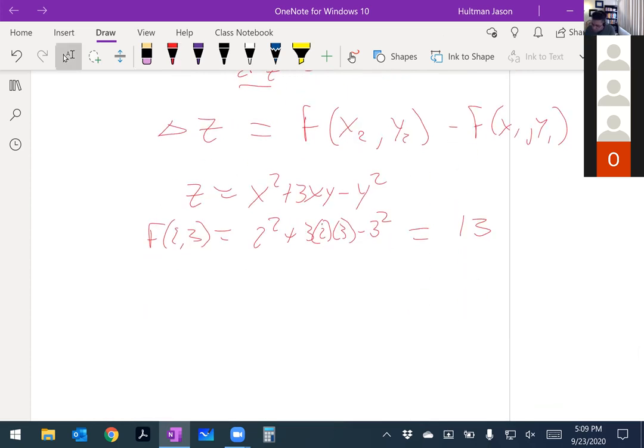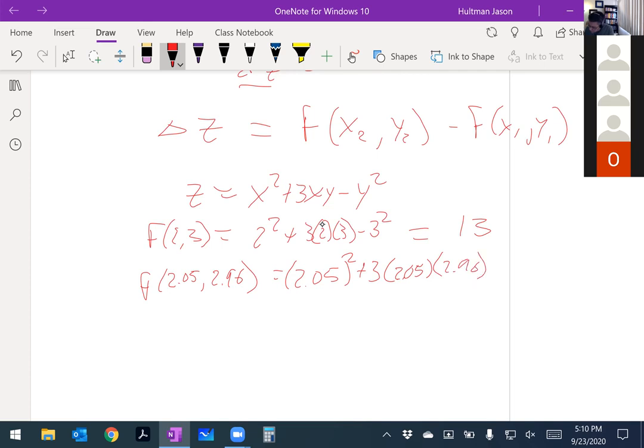Okay, but if I try the other one, f of 2.05 and 2.96, that one's a little bit tougher. We could plug that in a calculator though. So 2.05 squared plus 3 times 2.05 times 2.96 minus 2.96 squared, which comes out to be 13.6449.